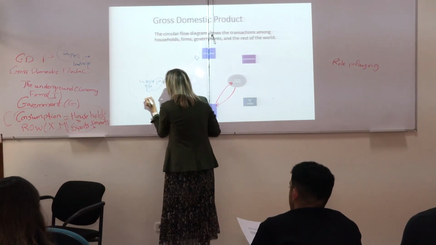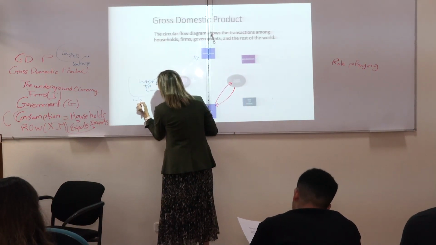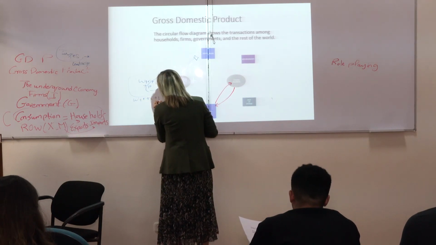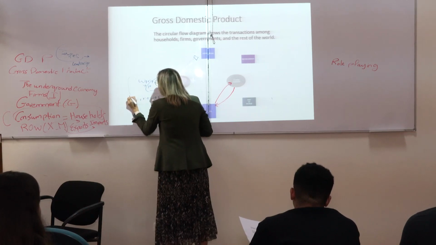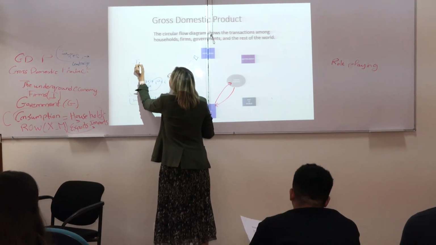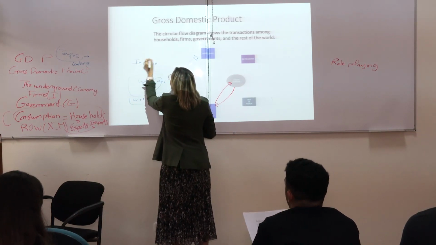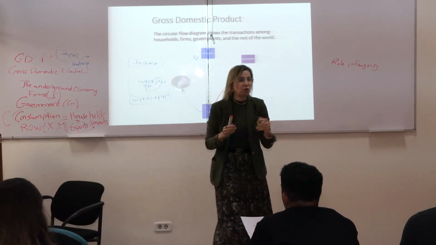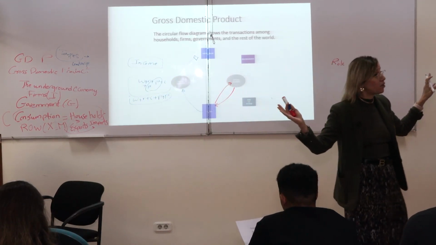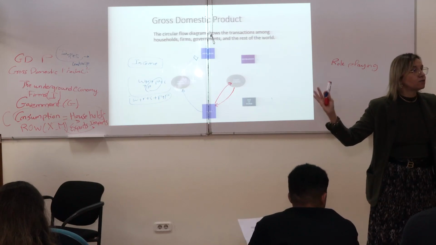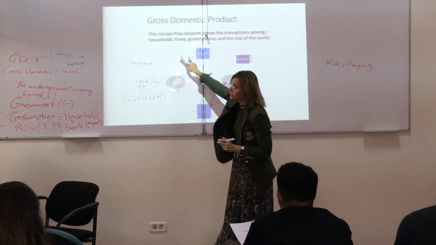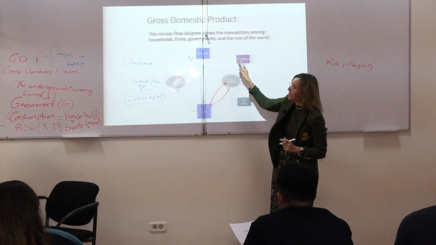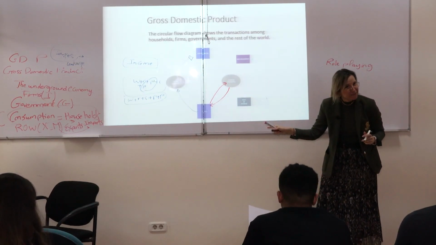When we are looking at those items, which are W plus R plus I plus, if we have a double profit, P, this is what we call the income side of calculating the GDP. So we can add all incomes in the economy and get the final gross domestic product. This is an approach. And we've put it in blue to differentiate it from the rest of the cycle that's coming up right now.